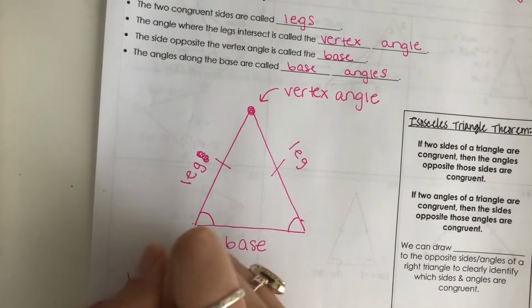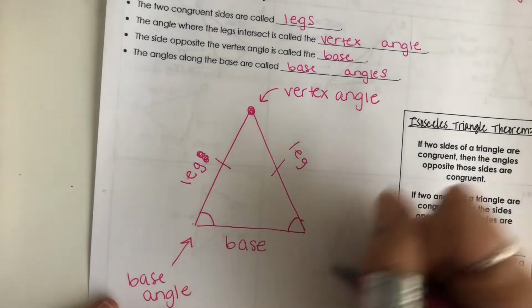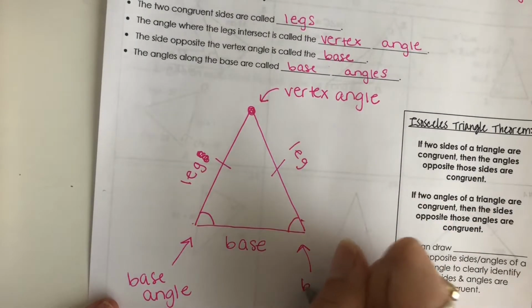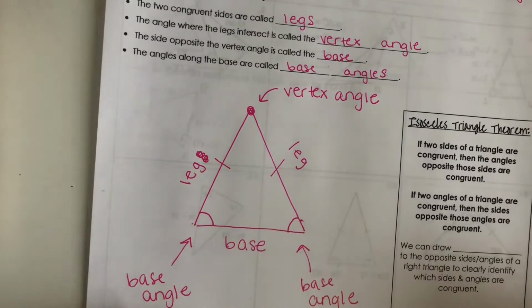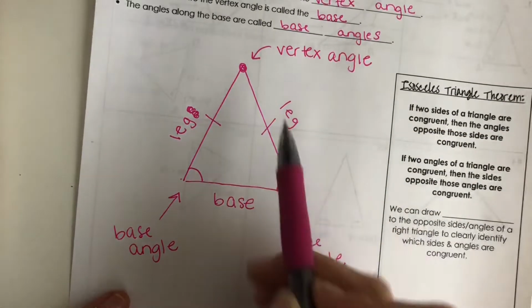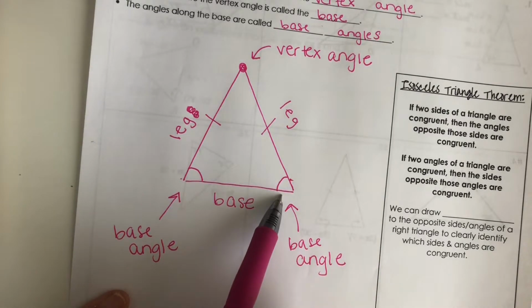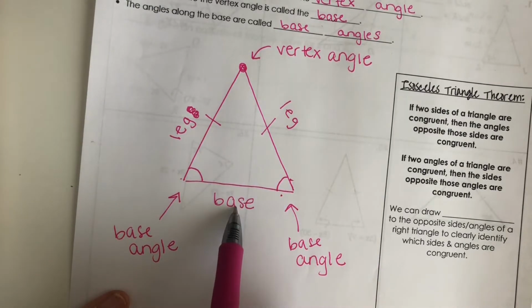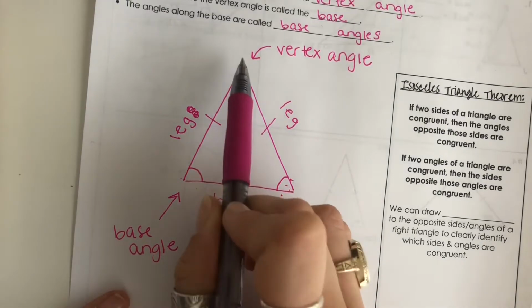So this one is a base angle. And then this one is a base angle. So you can just think, I have my triangle. If the bottom is the one side that's not congruent, it's going to be my base, which has the base angles. And then we have our legs that meet at the vertex.